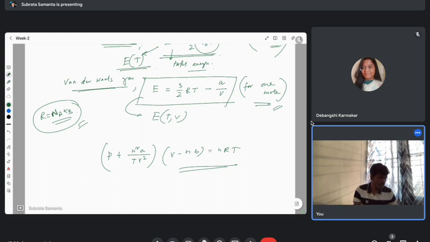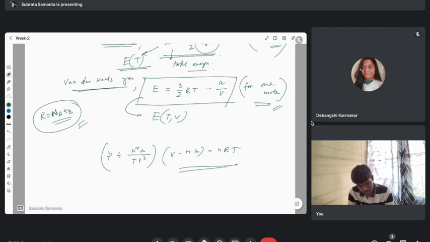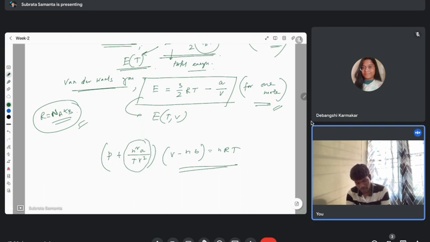This is right, or I think this is right. Yeah, I think this is right, right? Okay. So in this case, we say that this pressure is not only volume dependent but also temperature dependent.